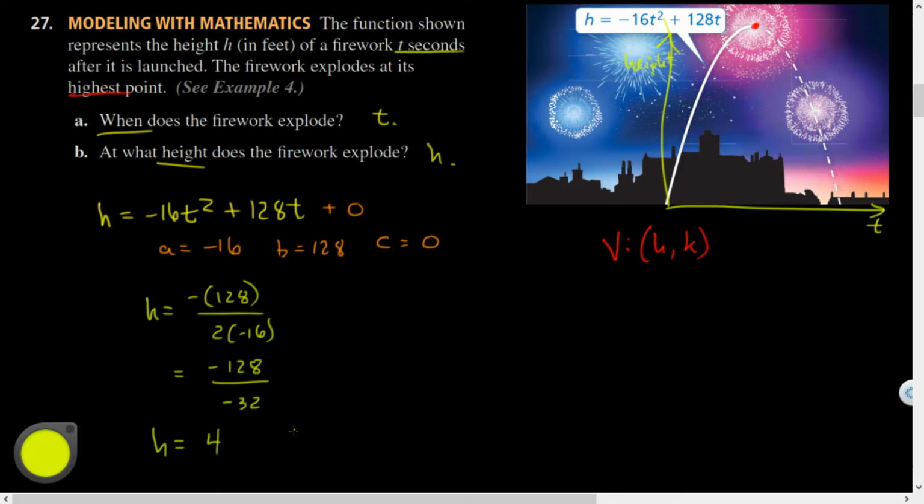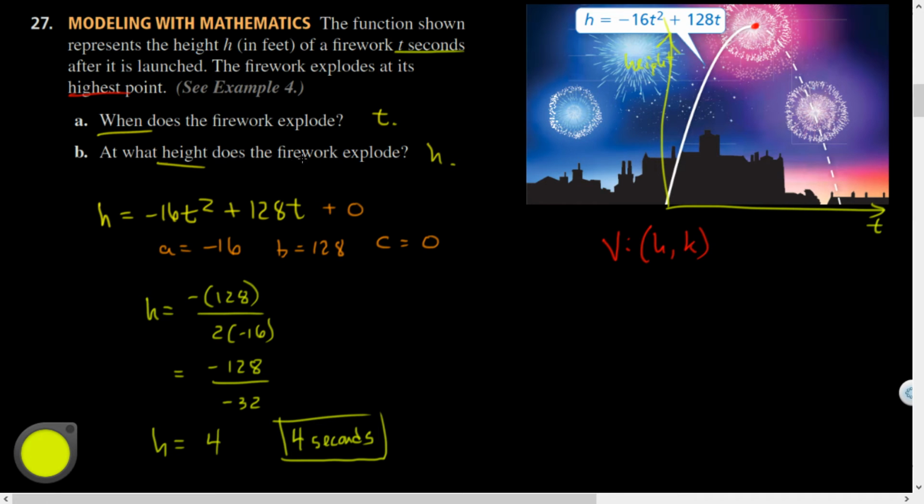So 4 seconds after it is launched, it explodes. The weird part is that my x coordinate of the vertex is h, but the y-axis is h. So that is somewhat of a flip-flop in understanding there. So we've got to be careful. So it explodes after 4 seconds.